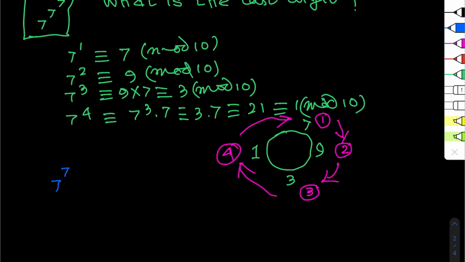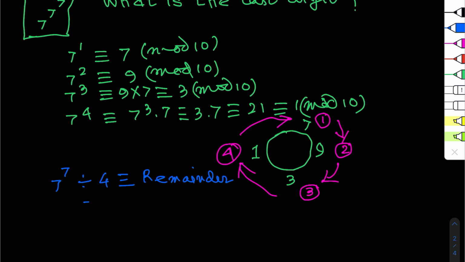Here the number of positions is 4. So when it is divided by 4, what will be the remainder? That is what we have to find out.